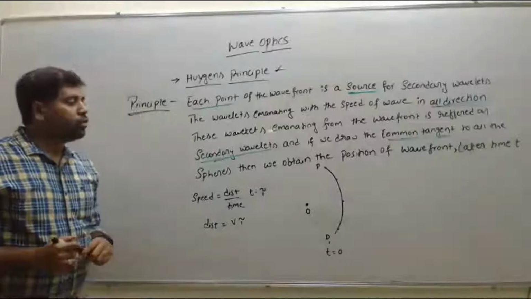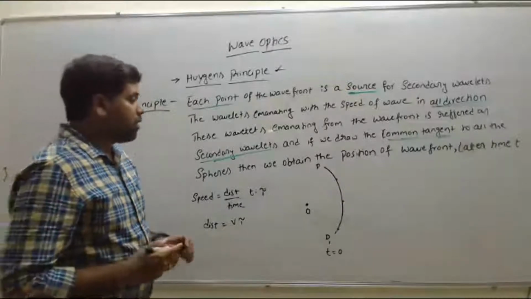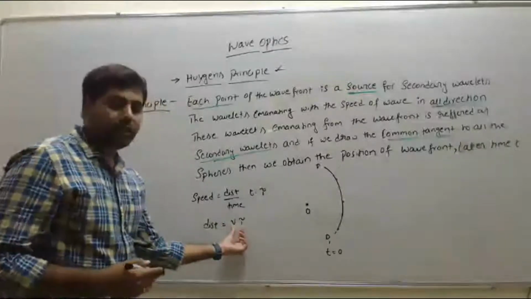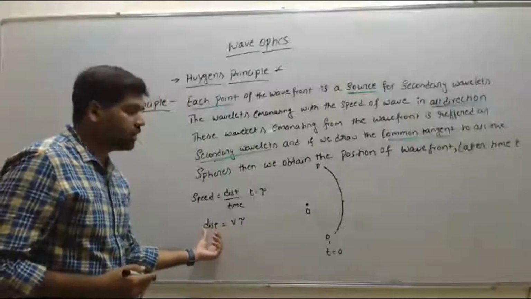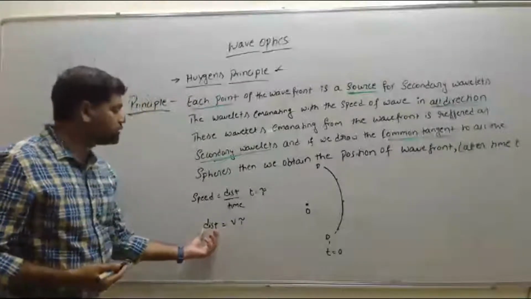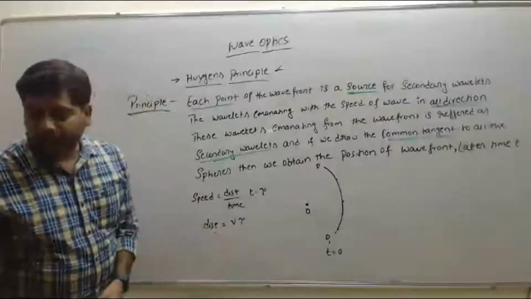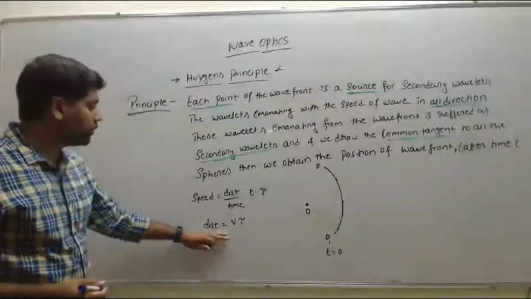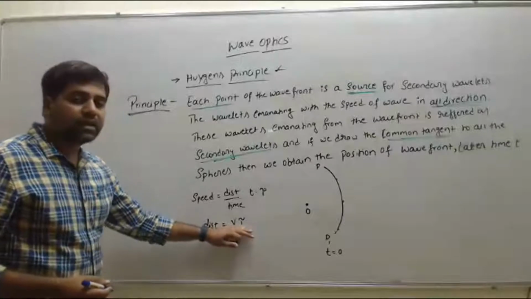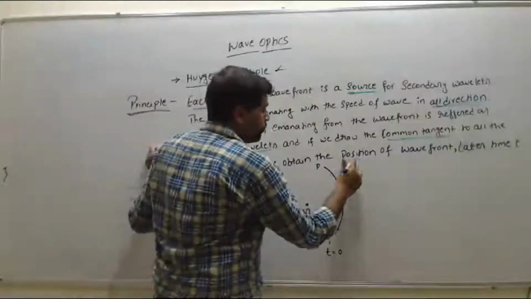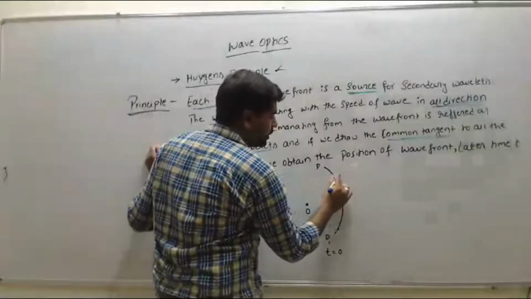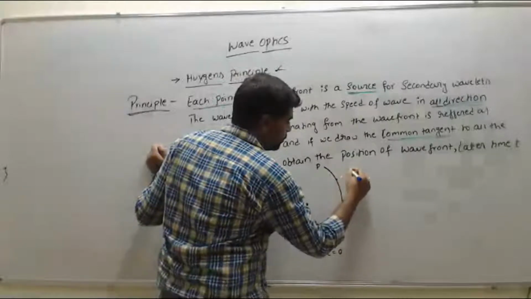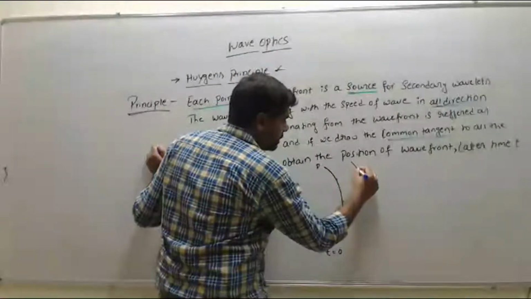Now we have to draw the sphere of radius vt. This distance is nothing but the radius, we also call it distance. We have to draw the sphere with the radius v into t. So from this point, here is the distance.